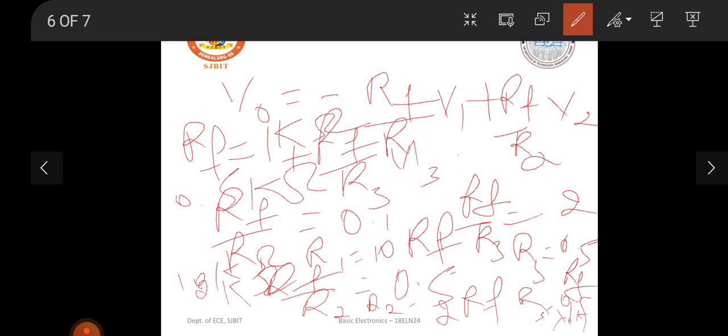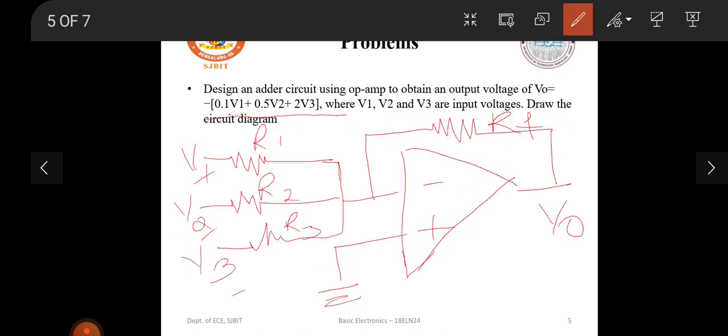So my R1 is equal to 10 kilo ohm, my R2 is equal to 2 kilo ohms and my R3 is equal to 0.5 kilo ohm.